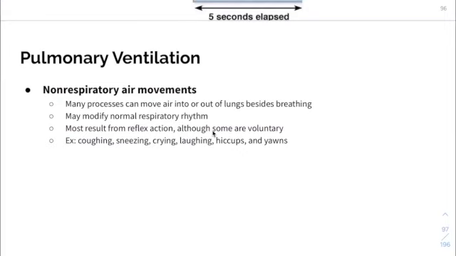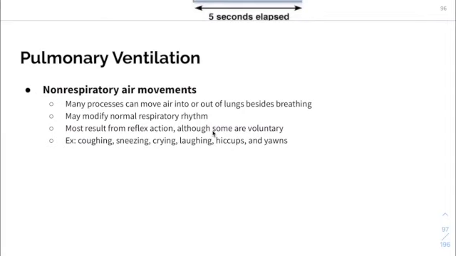Sneezing, same thing. When you cry, you actually breathe in and out different air, more air usually, than when you're passively breathing. Same thing with laughing. Hiccups cause differences in the amount of pressure and air you're breathing in and out.